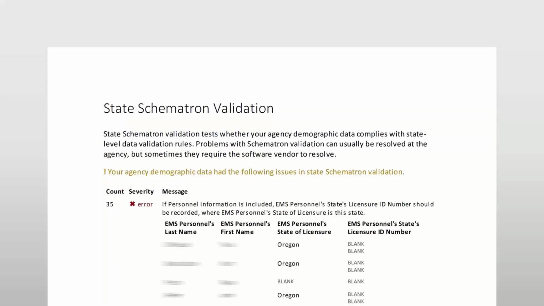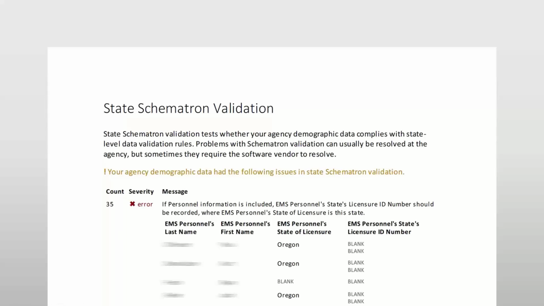Next, you'll see validation rule issues. There are validation rules at both the national level and the state of Oregon level regarding your demographic data. And as you look at these rule issues, you will find some that are marked as an error in their severity and some that are marked as warnings.